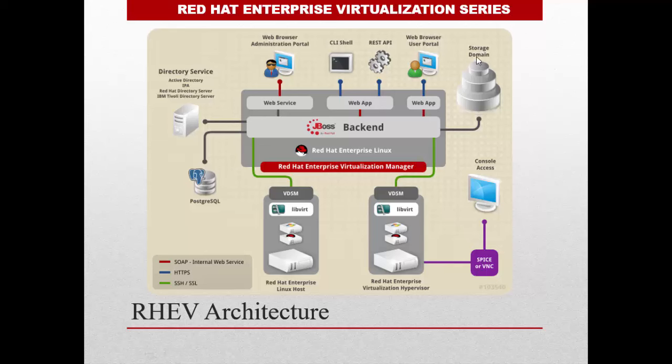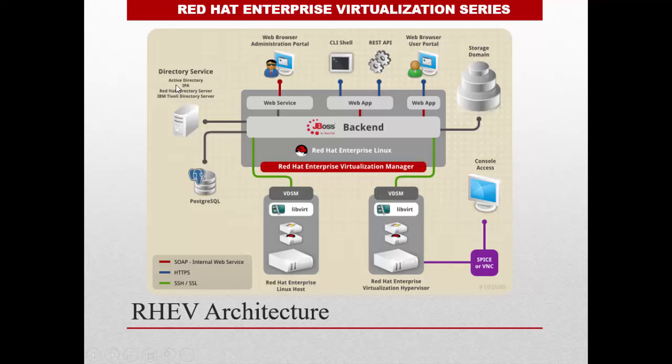And it will have the storage domains where your hypervisor hosts will serve your VMs, ISOs, and templates. We will see in a bit what types of storage domains you will have and how you will configure them.